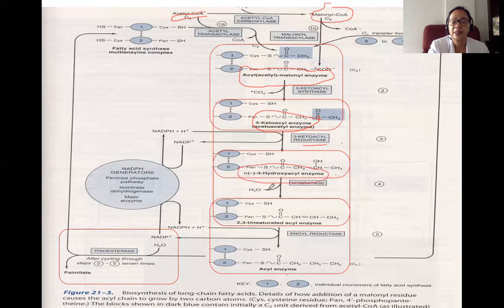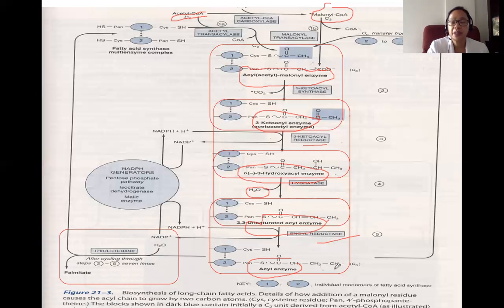Then it will be dehydrated, forming the unsaturated acyl enzyme. And it will be reduced, forming this acyl enzyme, which is a 4-carbon molecule. And what is our aim? We need to produce a 16-carbon palmitic acid.